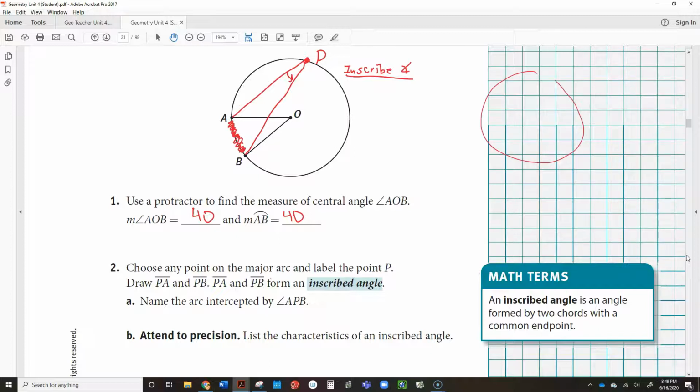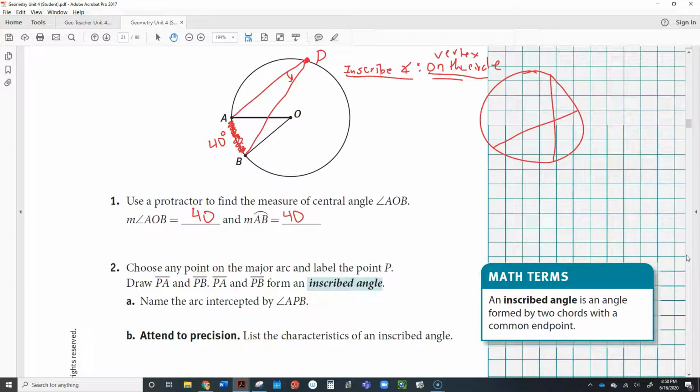Later on, we are going to find angles that intersect inside the circle, and lots of students mix up inside with inscribed. So just be sure you remember, inscribed is on the circle. Inscribed, the vertex is on the circle. Now, we know that the measure of this arc right here is 40 degrees.